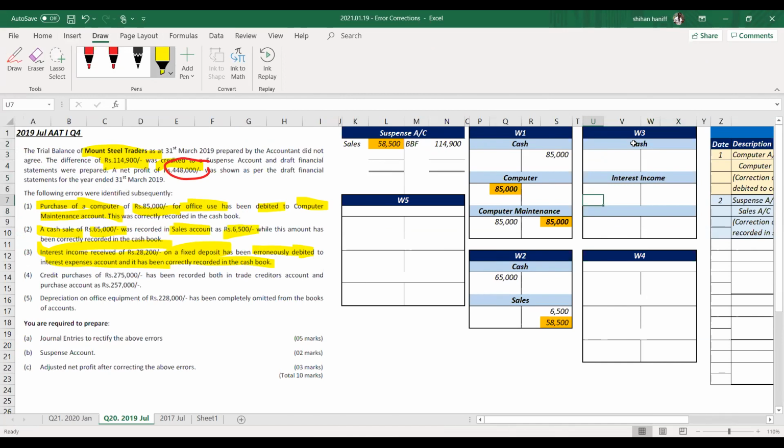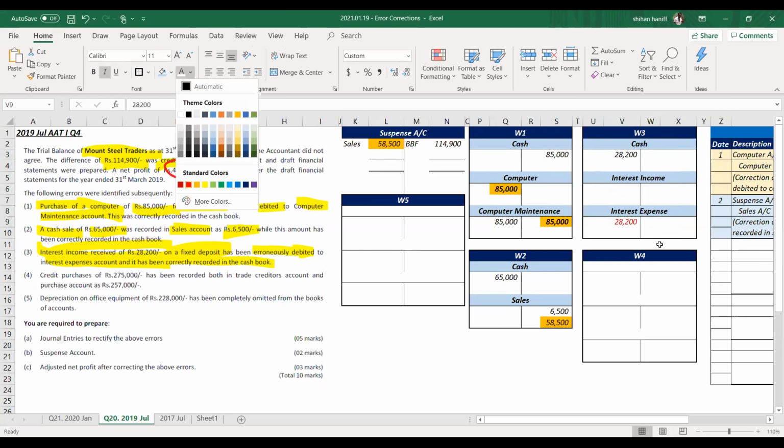But without recording it in the interest income account, it was recorded in interest expense account. So cash is correctly recorded 28,200 debited. And the interest expense account also debited 28,200. This is wrong.